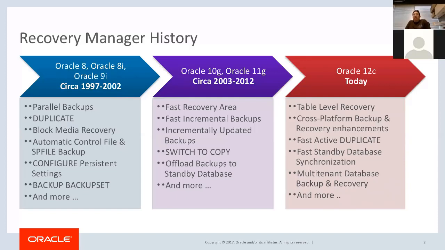Active duplicate is a feature of the duplicate command that allows you to create a clone database by simply connecting to the source database. So no longer do you need to take a backup. You simply connect to the source, and RMAN acts as the conduit to copy the files and get them fixed up on the destination server side, right? And we can do this in parallel across multiple channels, et cetera. So it's a very nice way to create a clone database without having to take a backup first.